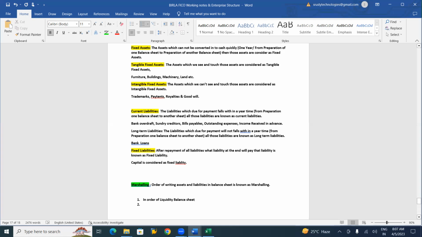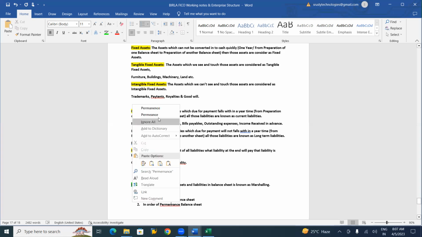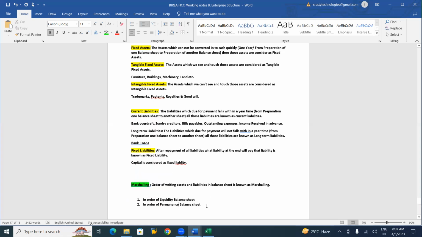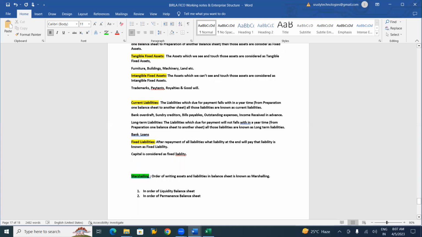The second one is in order of permanence, the permanent balance sheet. So what do you mean by liquidity order balance sheet?